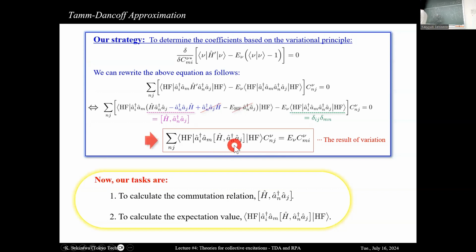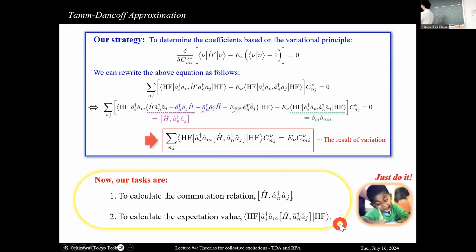As you can see, the task will be to calculate this commutation relation of H with A dagger A, and also the rest of the equation. I will just follow what the results will be.